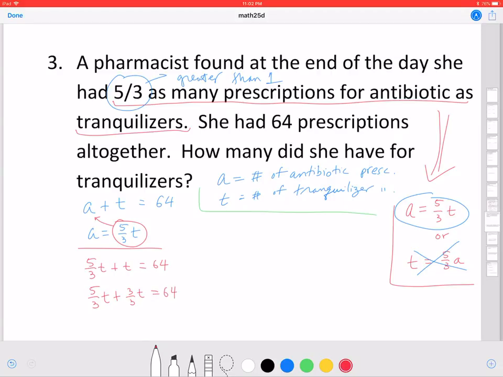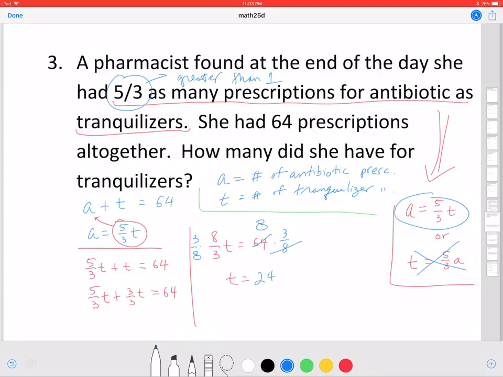And that should give us 8/3 T is equal to 64. And the quickest way to solve this is by multiplying by the reciprocal. And that should give us T is equal to 8 times 3, or 24. So a total of 24 tranquilizers were prescribed.